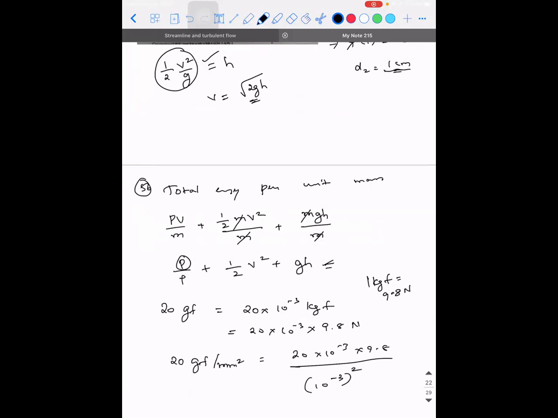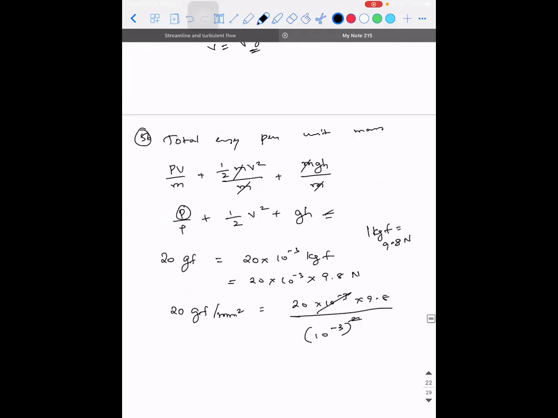So 10 power minus 3 will cancel one time. So 20 into 9.8 is 196, so 196 into 10 power 3, or 19.6 into 10 power 4 Newton per meter square. Is everyone clear with what conversion I did?